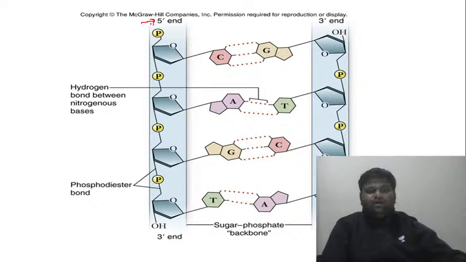So there is this 5' to 3' end, and then this is the anti-parallel strand from the 3' end to the 5' end. This one is the sugar phosphate backbone.